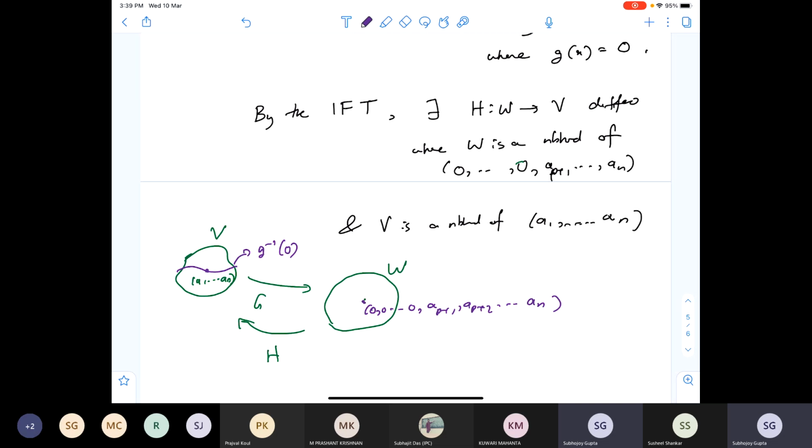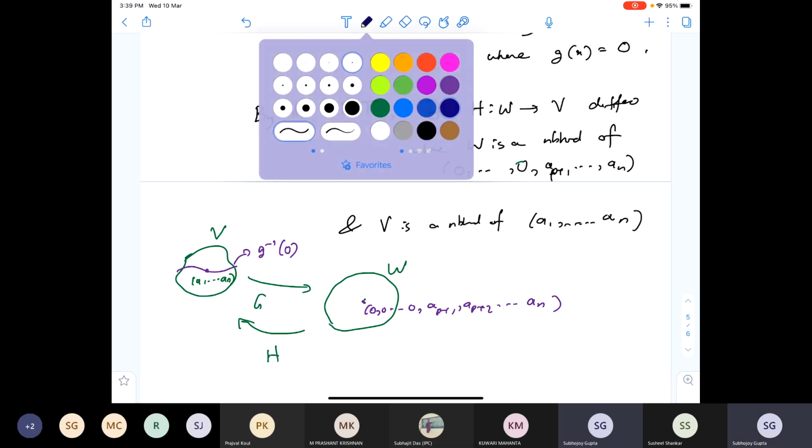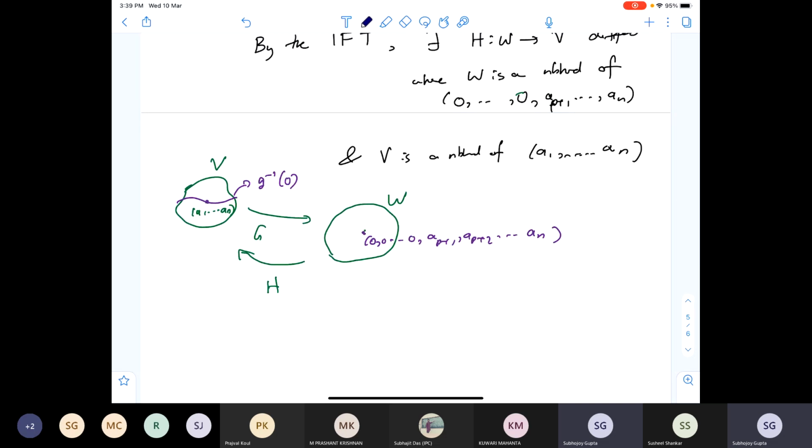If you look at V, this map would give you a chart also, because what happens is if you look at this open set V intersected with G inverse of W, right?